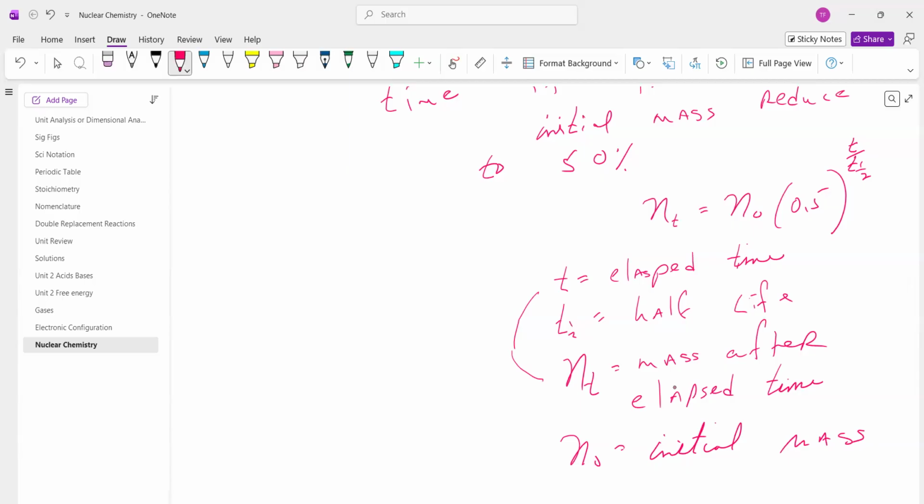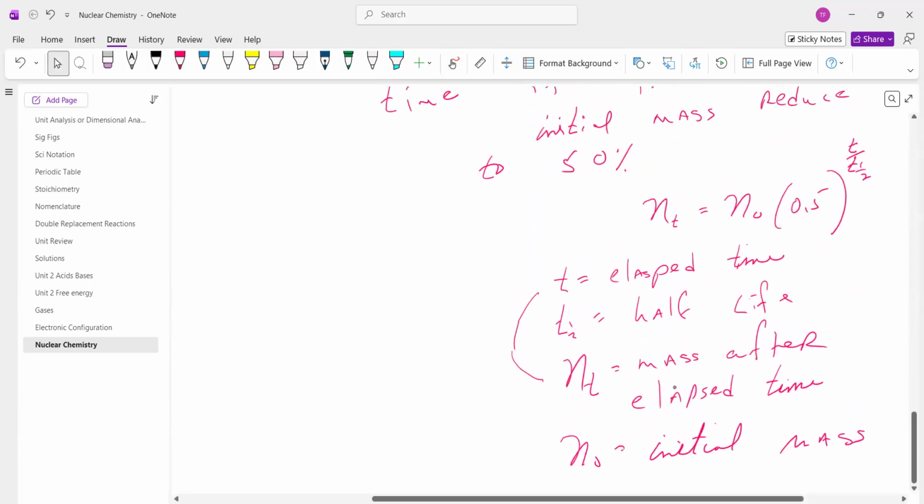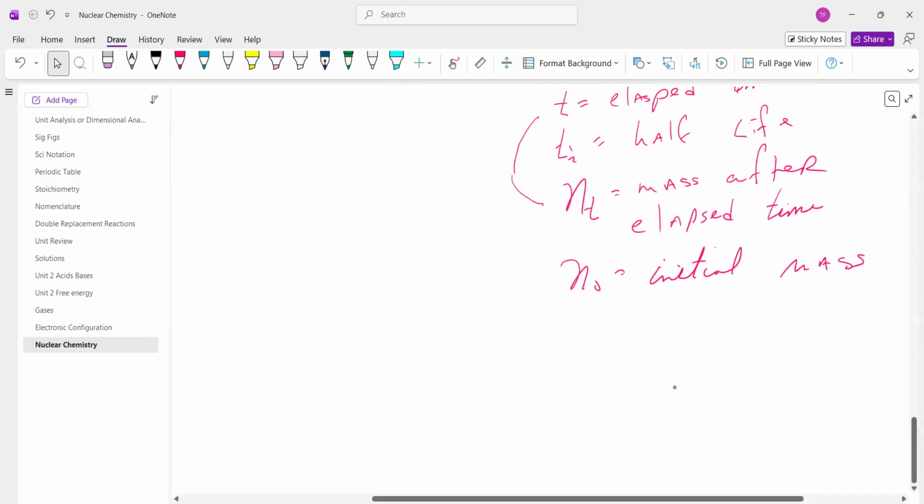Half-life is the time it takes for the original mass to decrease by 50%. And n sub 0 is what you started with, mass-wise. Now, that's the fancy way to do it. Because the variable is in the exponent, you've got to use logarithms to solve it. So we're not going to do that equation, though I can show you how if you're interested. We're going to do a more graphic approach.